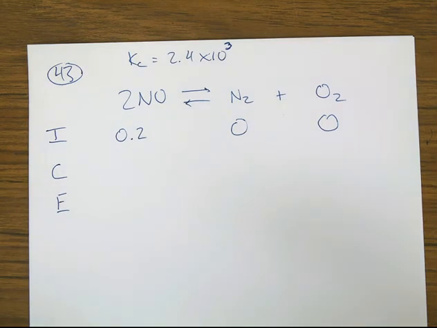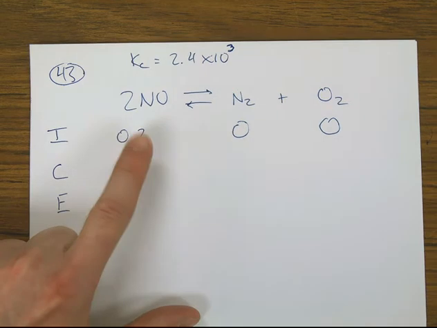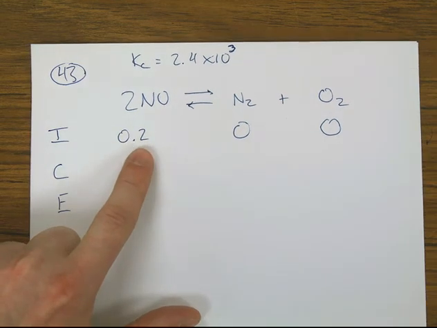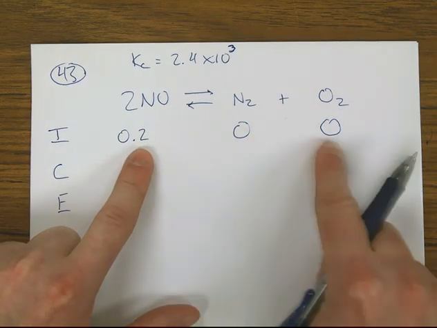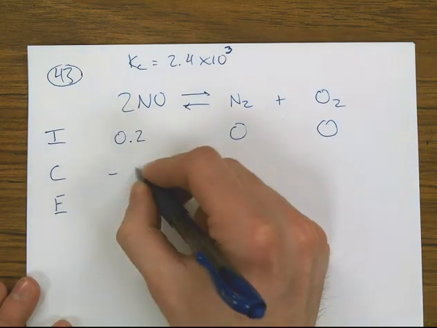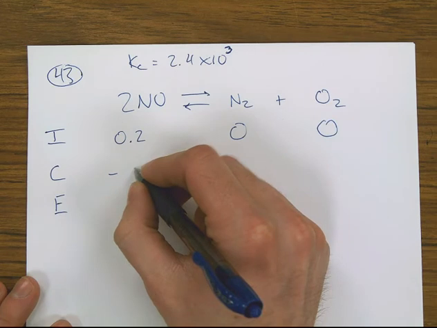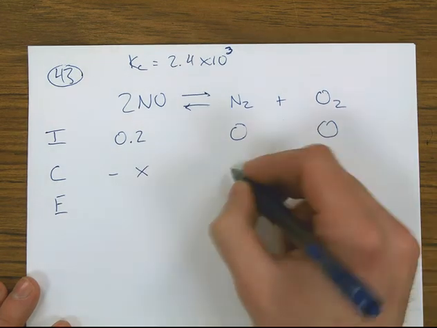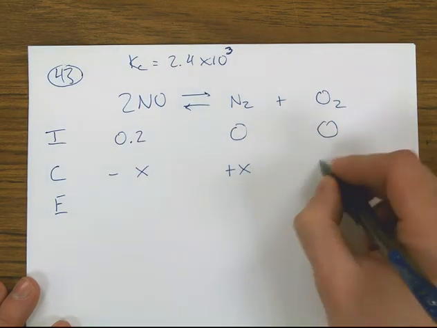So you don't actually know how everything's changing, except for the fact that this concentration is going to go down. You know that these two concentrations are going to go up. So I'm going to represent this with a value. Since it's going down, the change is going to be minus some value x, and these are both going to go up by some value x.